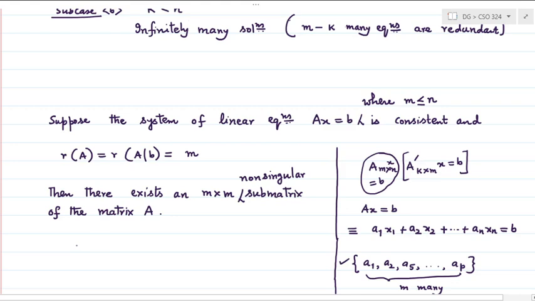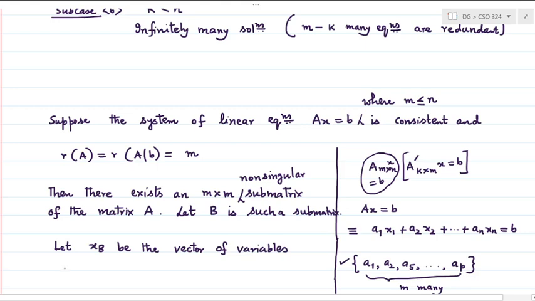Now let B be such a submatrix. Fine. Now we let xB be the vector of variables associated to the columns of B. Fine.